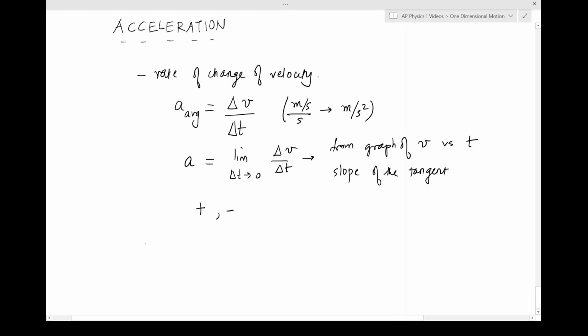For example, if a vehicle is moving to the east, so its velocity is pointing in this direction, and the vehicle slows down, so it has some velocity and the velocity just goes down, clearly in this case when you calculate the acceleration using this formula, since the change in the velocity is negative because it's slowing down, the acceleration will be pointing due west.